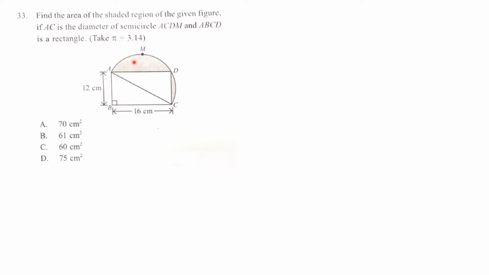Can I say this required area is the area of the semicircle minus the area of this triangle ADC. And this is a right angle triangle because it is given ABCD is a rectangle. We know that in a rectangle each of the four angles will be 90 degrees. So from the semicircle you have to remove the area of this triangle, then you will get your required area.